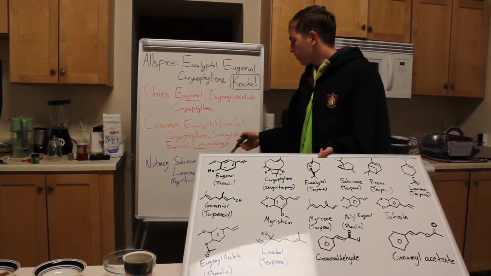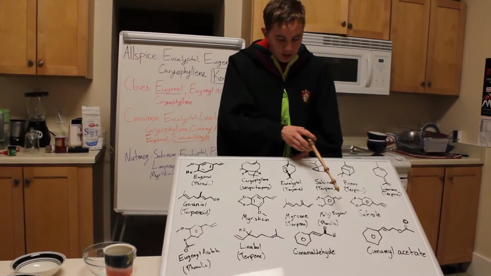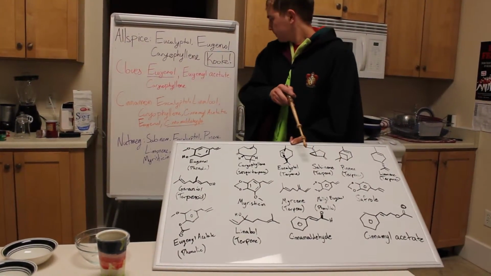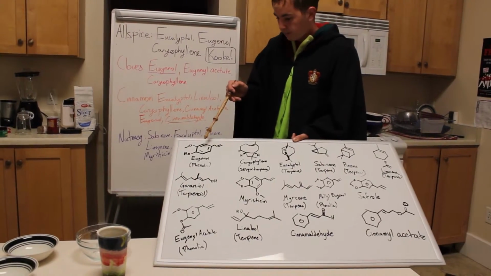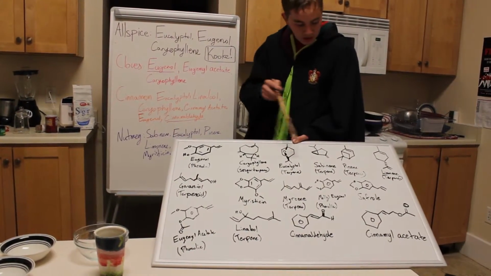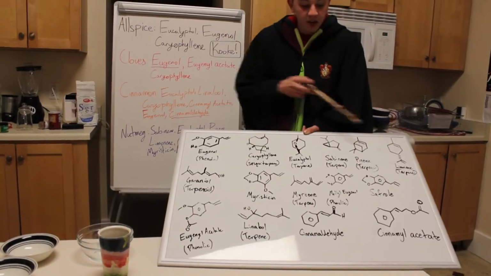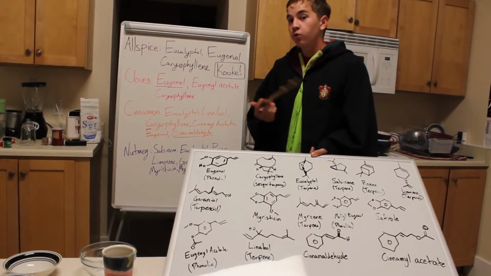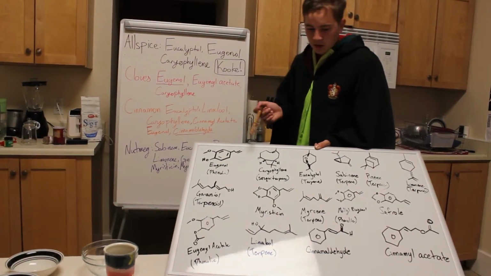And then lastly, we have nutmeg, which has sabinene, eucalyptol, pinene, which is a terpene. You'll notice that a lot of these are terpenes, so they have a similar chemical structure, very hydrophobic, so they'll dissolve in our oils.